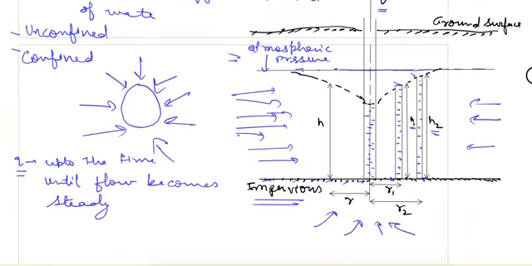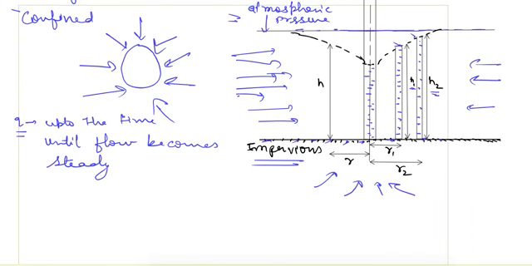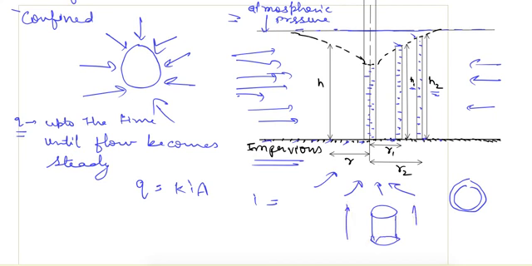And so in this case we can apply Darcy's law as Q is equal to KIA. In this case the flow is coming in a cylindrical form. So if this is the well and surrounded by it, the flow will be coming through all these directions. So the area of flow can be given as the surface of this cylinder.